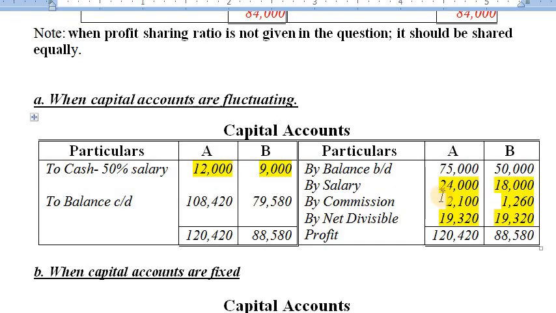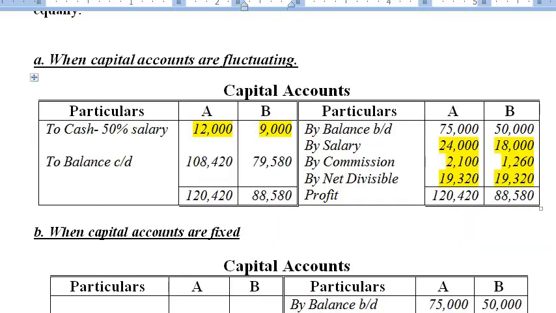So take all of them together: 24, 18, 2,100, 1,260, 19,320, and 19,320 is 84,000 in fact. So that is credited, and then the balance will become 108 for A and 79 for B, and appropriation is finished.